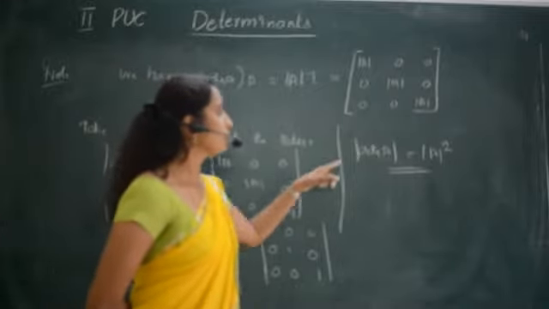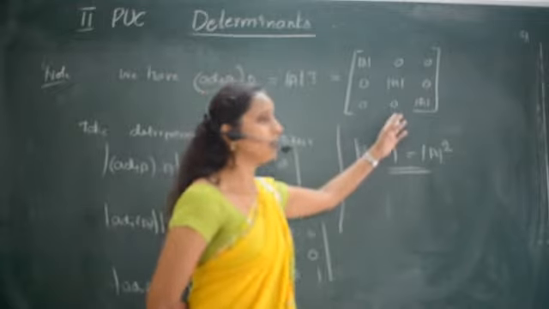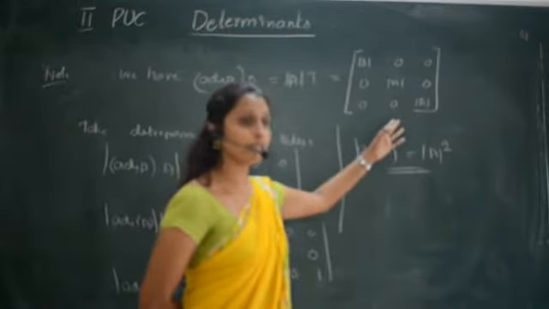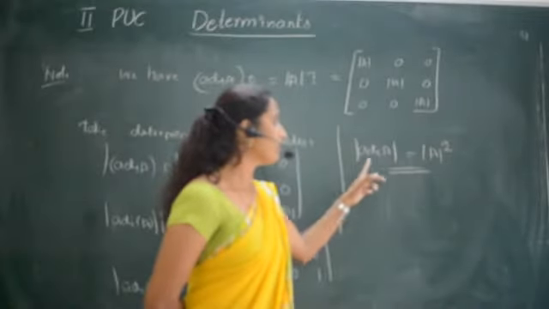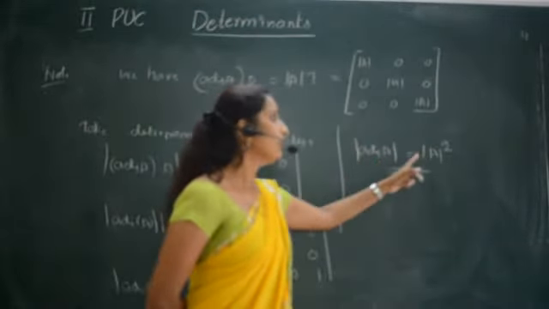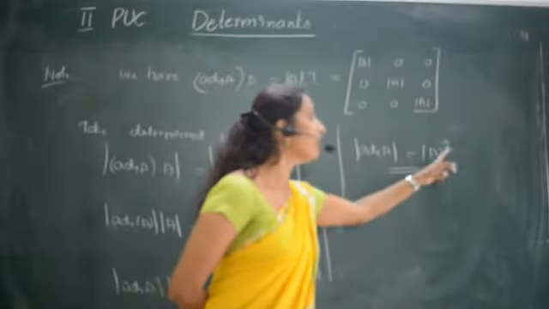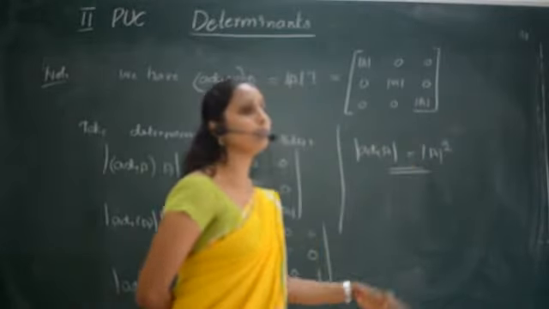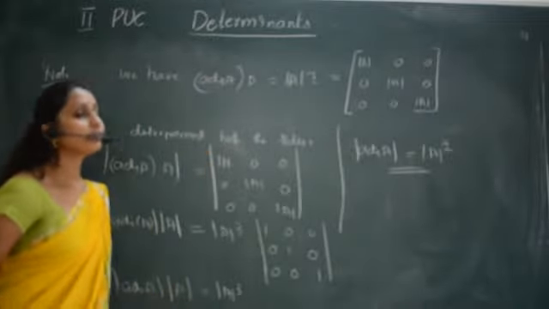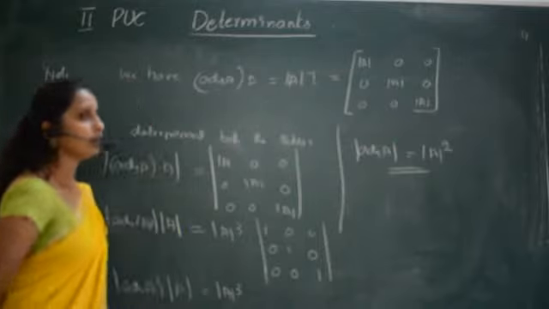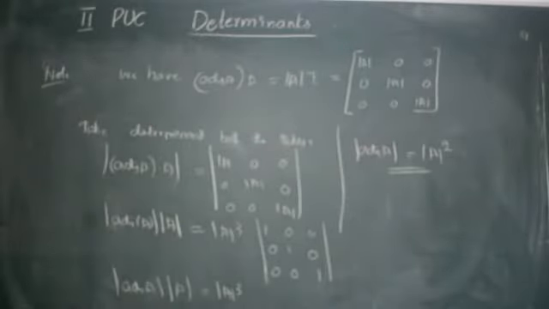For a matrix of order 3, the determinant of adjoint A is determinant of A to the power 3 minus 1, that is, to the power 2.